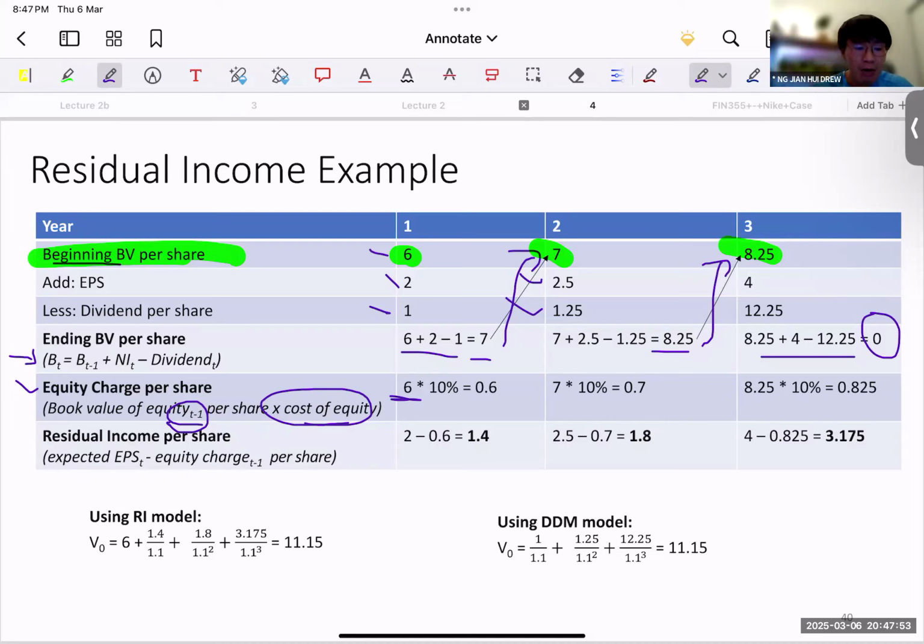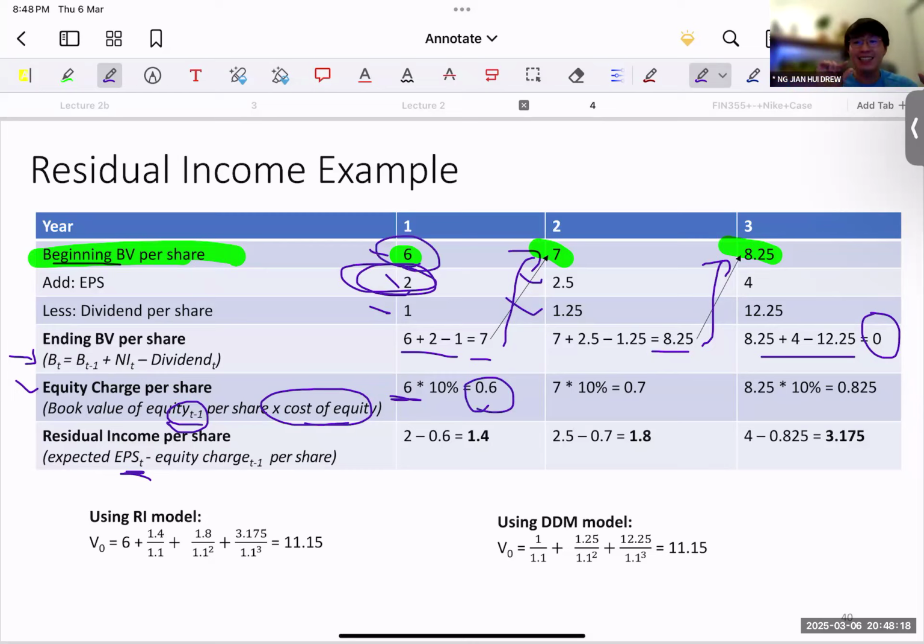After doing so, we now can calculate the residual income per share. And the formula is to use the EPS at T. So this is the EPS in year one, which is at T, minus the equity charge at T minus 1, because we are using the book value of equity at T minus 1 here.